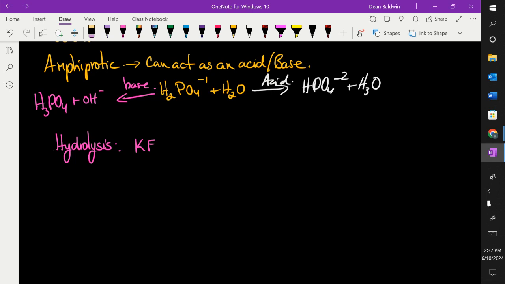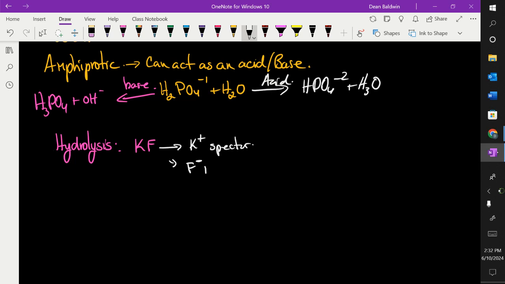So do we ever care about the alkali metals? No, we ignore the alkalis. So essentially, alkali is a spectator. So really, we just focus on this F minus. When you put it into water, it dissociates into potassium ions and fluoride ions. We don't care about potassium.